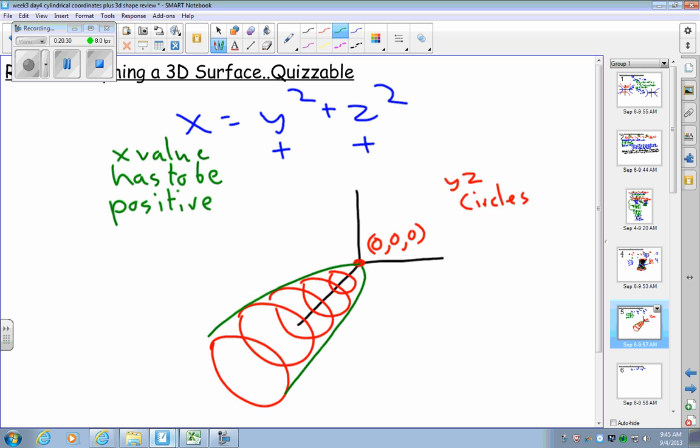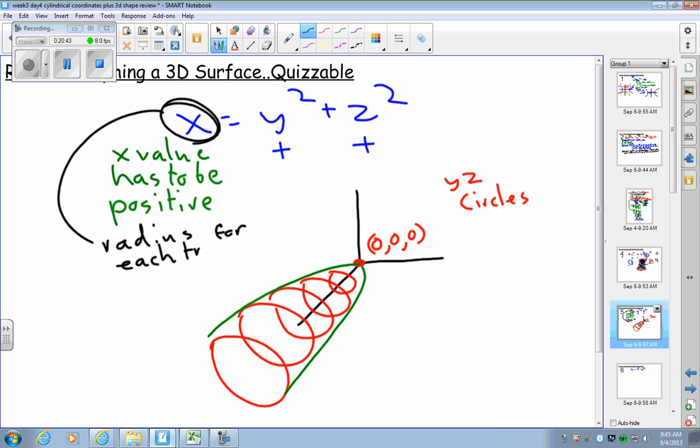A lot of you forget that the guy that makes the radius of each circle is this. This is the radius for each trace.